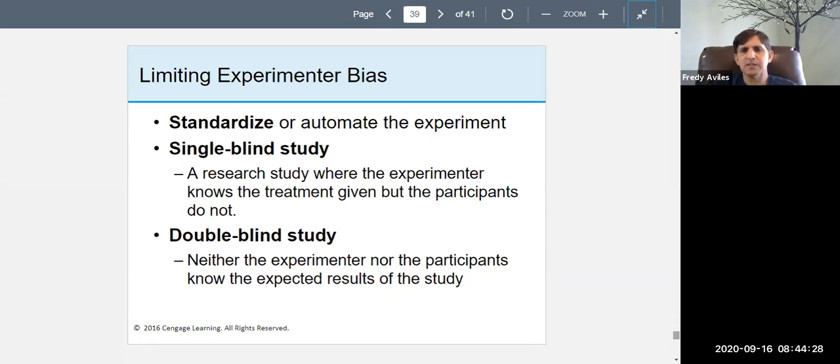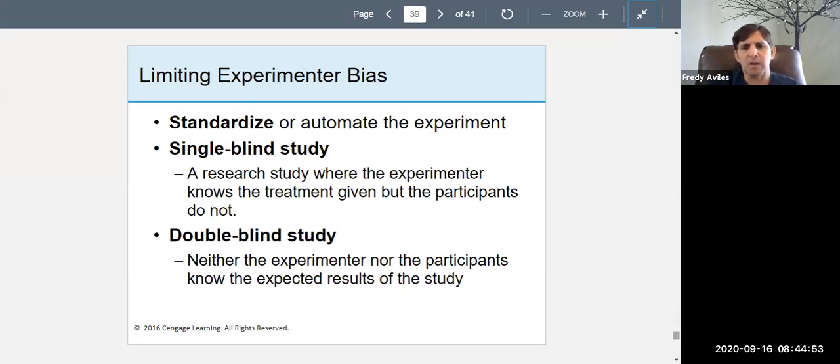You can limit experimenter bias by standardizing the experiment, where everyone is treated the same way, okay? Everyone gets the same instruction, and you adopt the same tone, the same behavior for all participants, right? That's one way you can limit experimenter bias, okay? Everyone gets treated the same, so the experimenter should not treat certain people worse or better than others, okay?